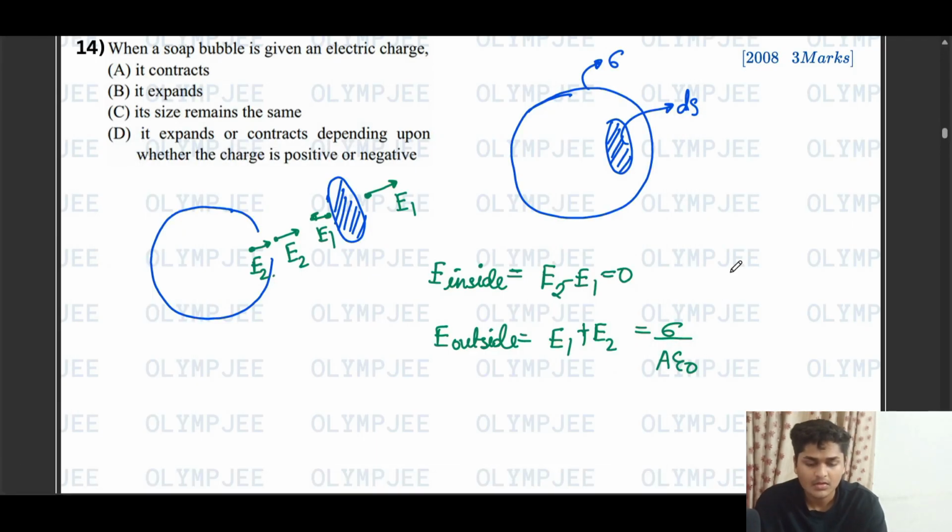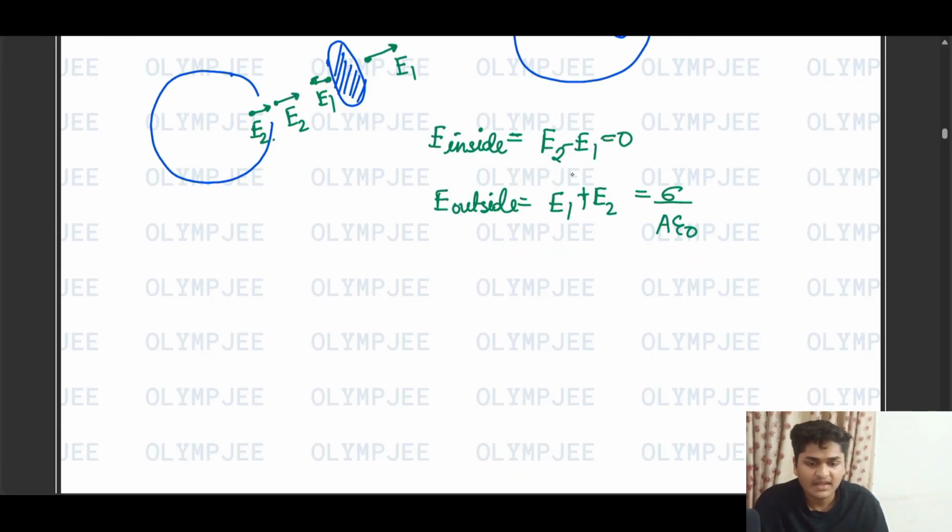So on eliminating E1 from here, we will get E2 is equal to sigma by 2A epsilon naught, and E1 is equal to sigma by 2A epsilon naught.